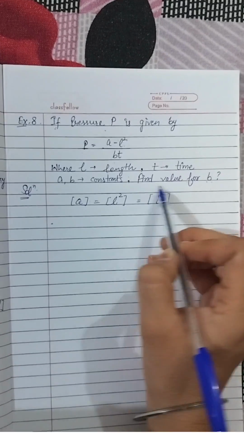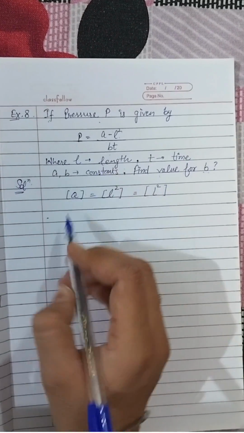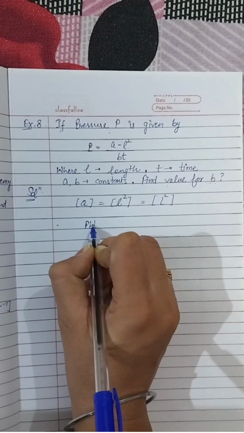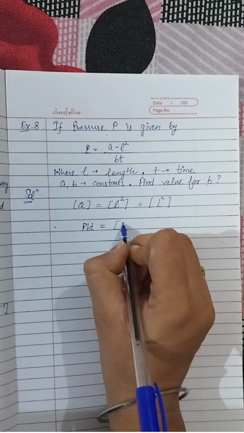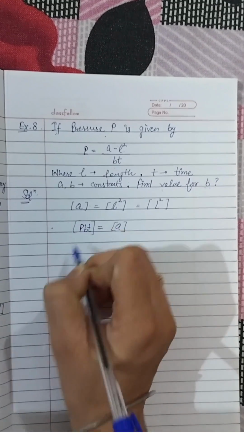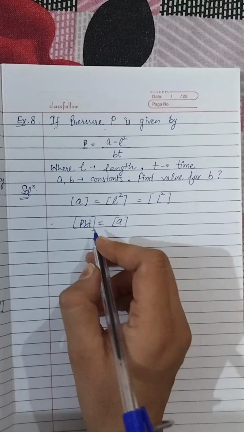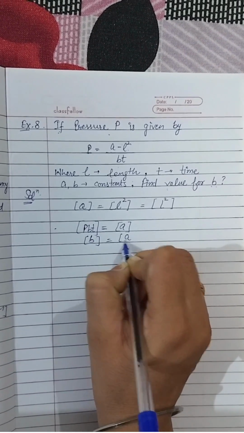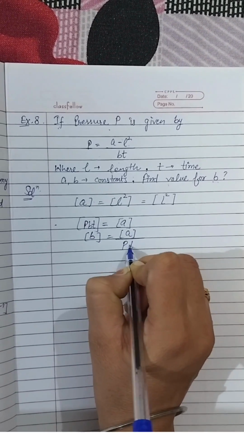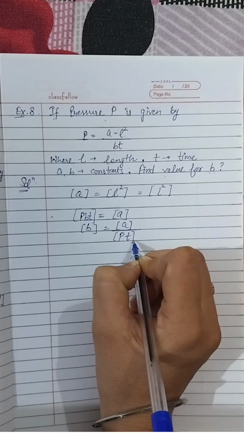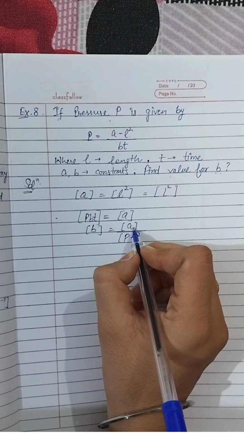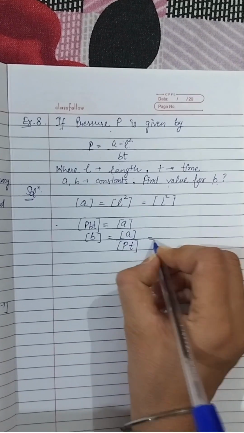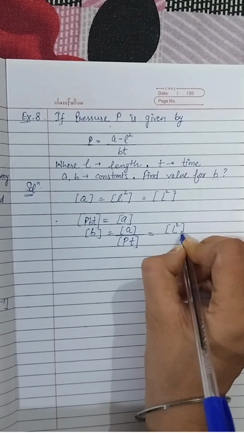Now we find out the value of B. From the equation, P B T is equal to the dimension of A. So the value of B can be written as A upon P T, where P is pressure and T is time. We've already found the value of A, L square, so we write it here, L2.